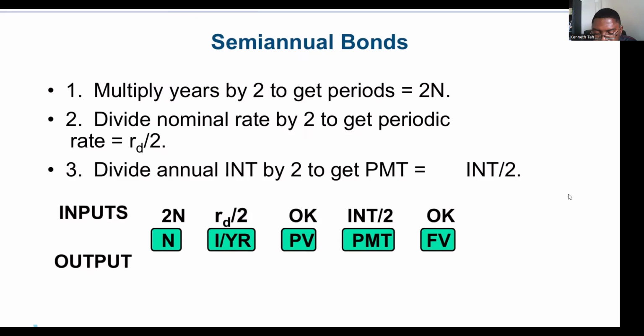We need to multiply years by 2 to get the period. So the period used to be N. If it is a semi-annual coupon, the coupon is being paid every 6 months. It means within 2 years, payments will be made for 4 periods because it's going to be 2 times 2. So we need to multiply N by 2.